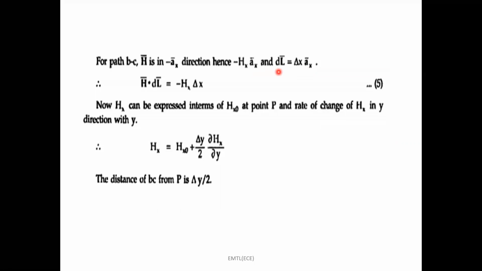So is it clear? H bar is a magnetic field intensity along negative x direction, it is equal to minus Hx ax bar. Similarly, dl bar is a vector. So actually dl value is equal to delta x. Whenever we put a bar on the top of the dl, we have to write the unit vector also.